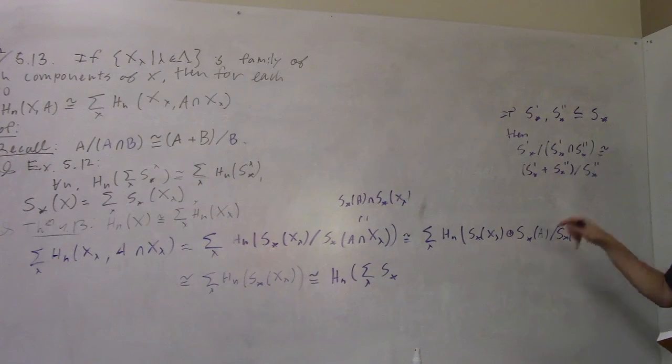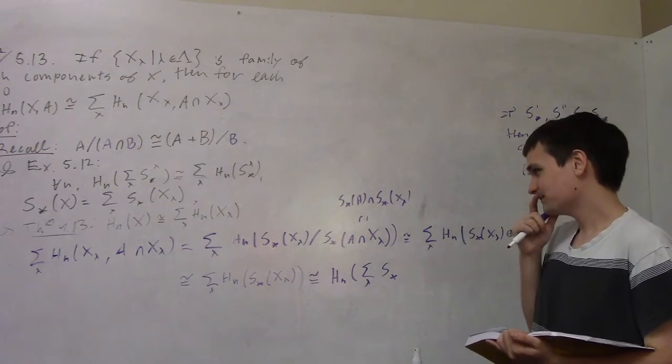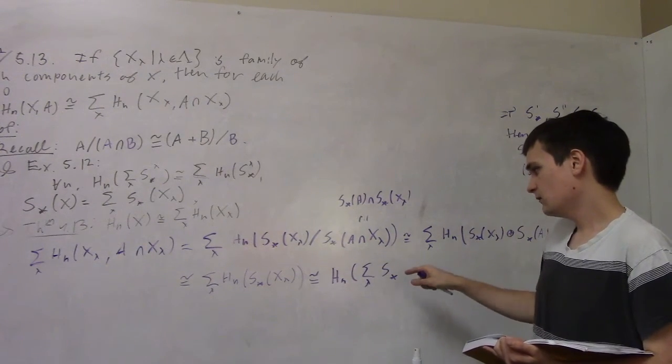Oh, you're just using basic isomorphism. Oh, I'm sorry, I see it now. I was asking why did you cancel 1 with 1, or 0 with 0? No, we pull out the Hn.